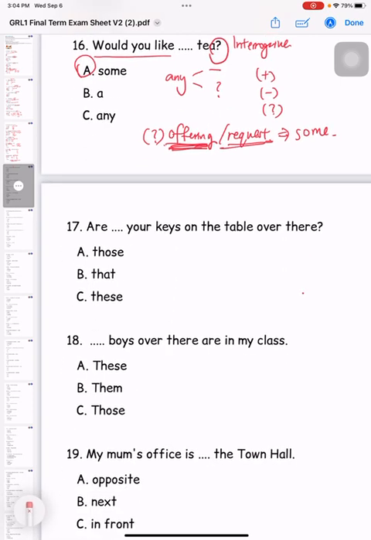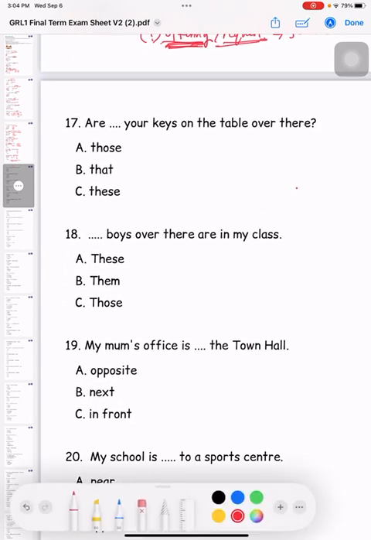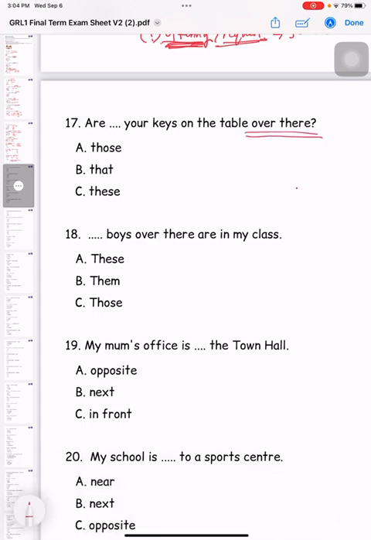Okay, now look at 17. Are your keys on the table over there? All right, so it's about those, that, or these. So first of all, look at how far is it or near. Near or far? Over there, that means it's far away. Far away, that means we can only use those and that, but not these anymore, because this is for near.